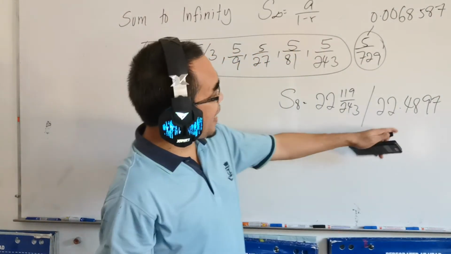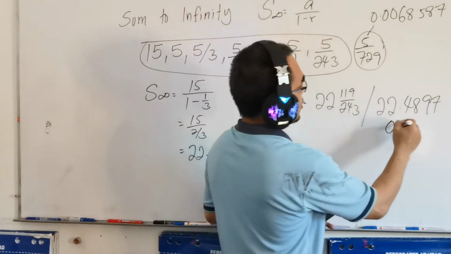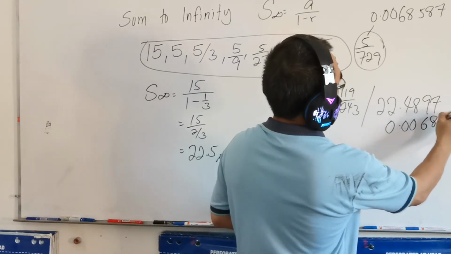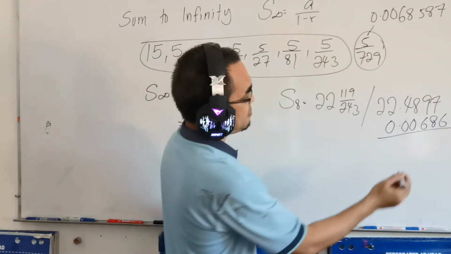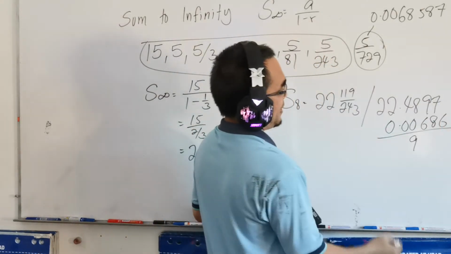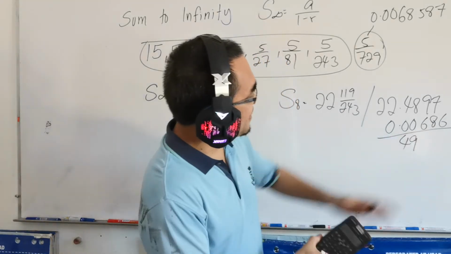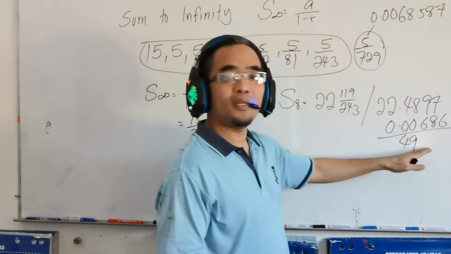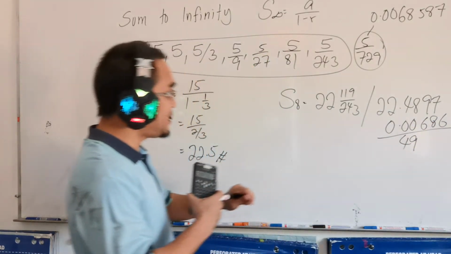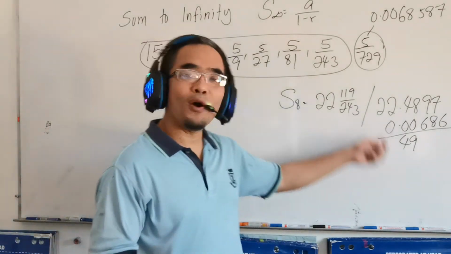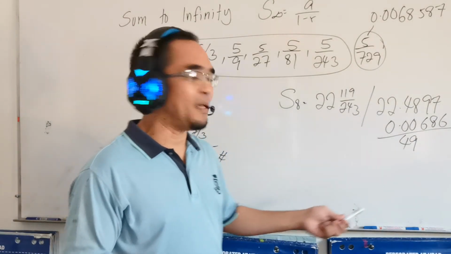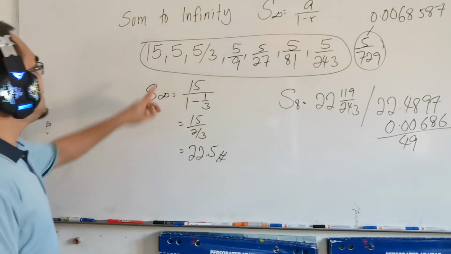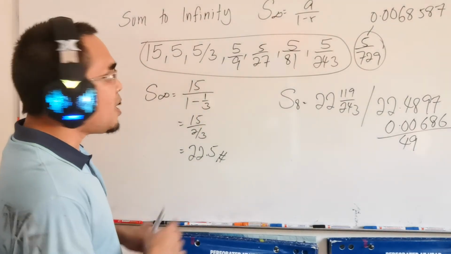So let's add that number to this: 0.00686. So the number here becomes 9. After that, the numbers become really small and will not change the front part. So it will be just 22.490 something.